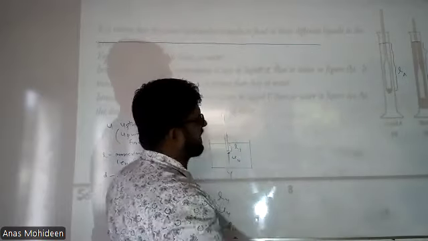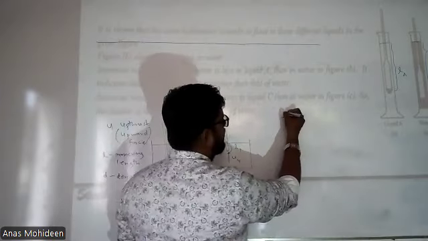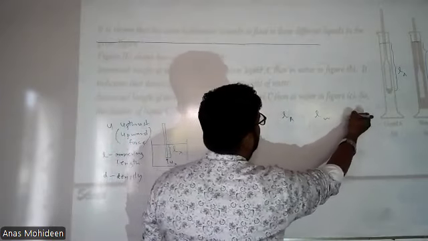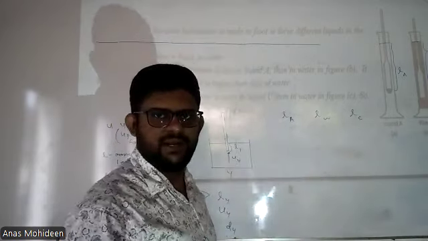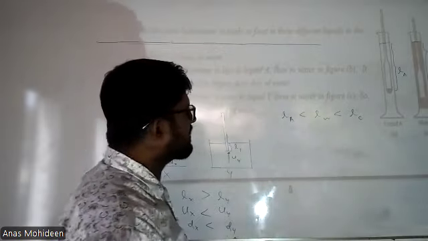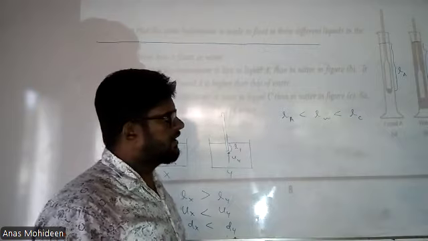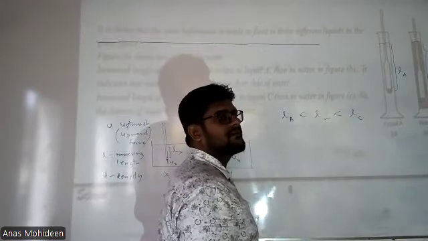Now when we compare length in A, length in water, length in C, the immersive length, who is more? C is more, right? C is more than the water and then A is the lowest. Now tell me, who should be greater in density then?